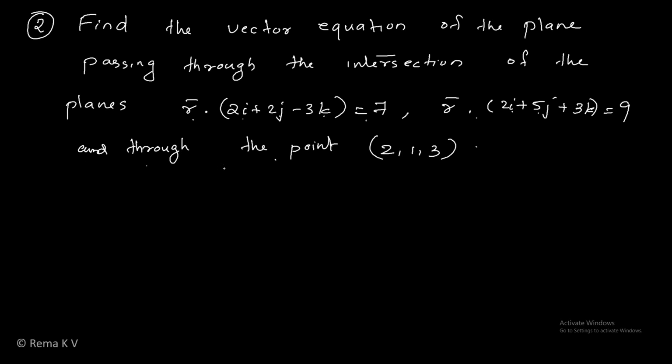We have to follow the same procedure. In the previous question it is given in Cartesian form. Here it is given in vector form. That's the only difference.